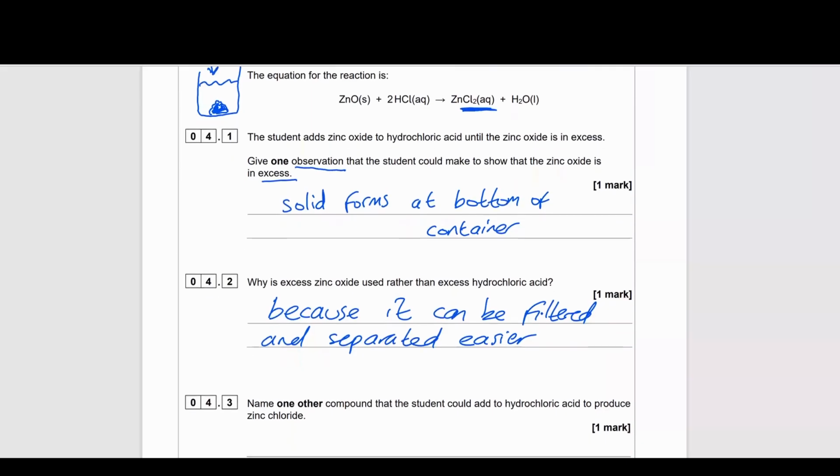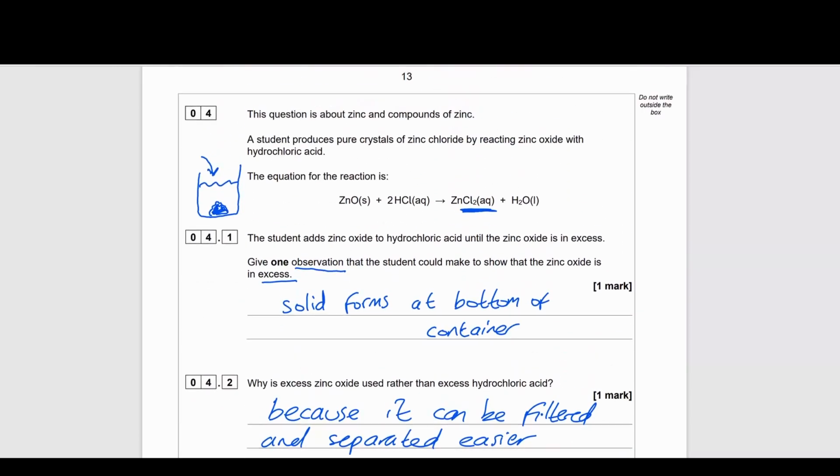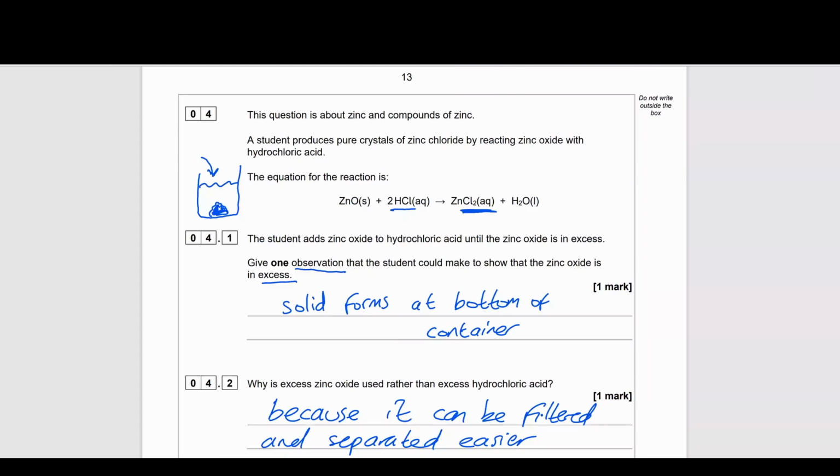Question 4.3. Name one other compound that a student could add to hydrochloric acid to produce zinc chloride. So we still have our hydrochloric acid here, so that's fixed. We're still going to form a zinc chloride, so that's fixed. But it's asking us, what could this also be, but still produce zinc chloride? So we've got to think then about another compound that contains zinc that can still give us this zinc chloride.